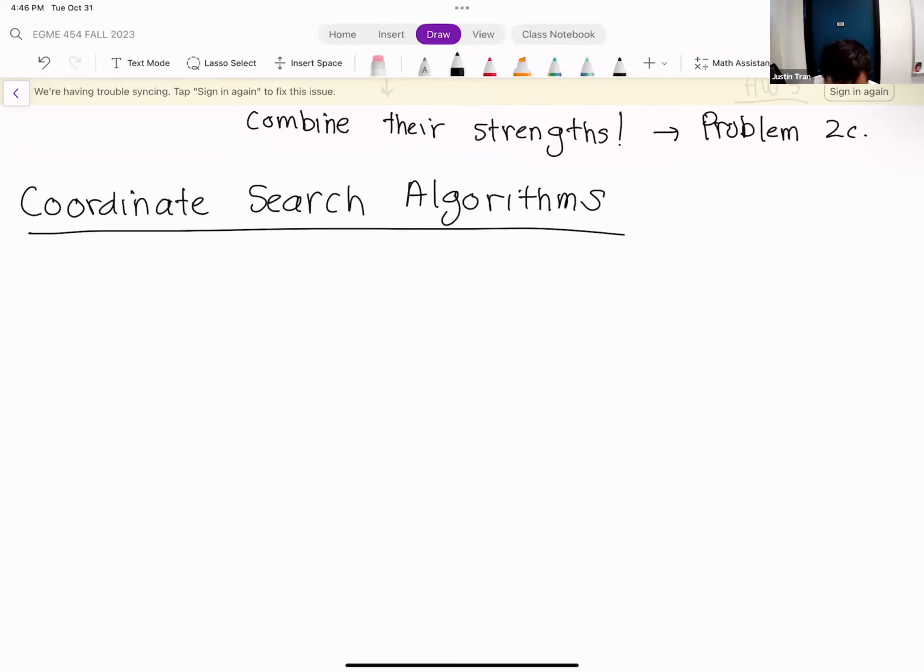But instead of choosing our step direction randomly, the way the coordinate search algorithm works is that we're only going to change one design variable at a time.